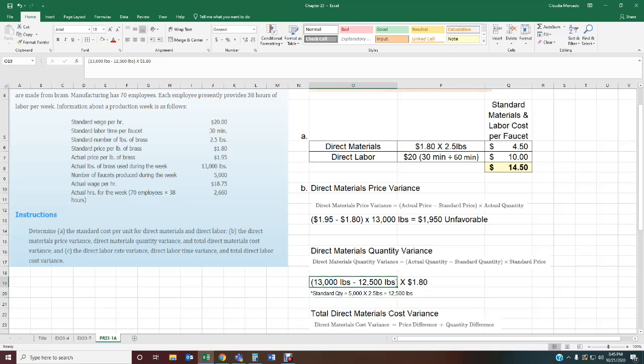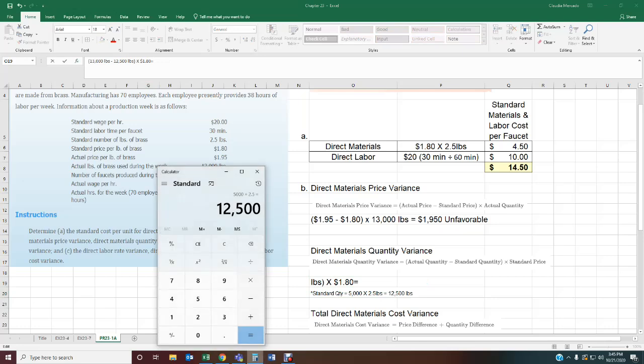Let's get our calculator out. That is 13,000 pounds minus 12,500, which is 500, times $1.80. That gives me $900, and the number is positive.